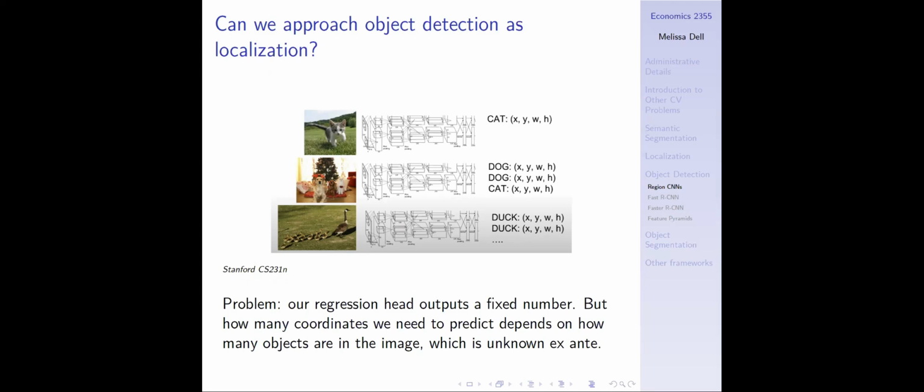In the case of applications that are more practical to us, you could have very many different objects, depending on the precise layout of your page. And by the way, documents tend to have many more objects per page than natural images. So that's going to vary, and you don't know that ex ante, so you have no idea how many outputs you need. And so that's not going to work.